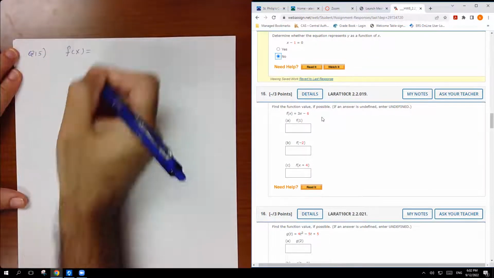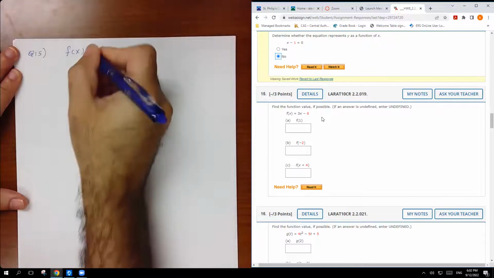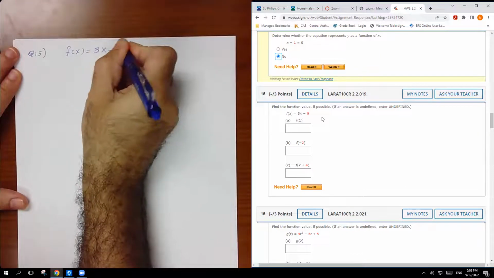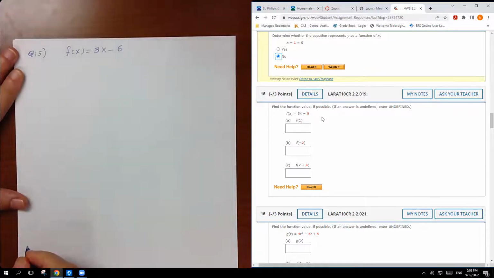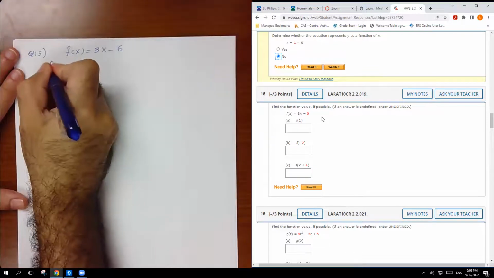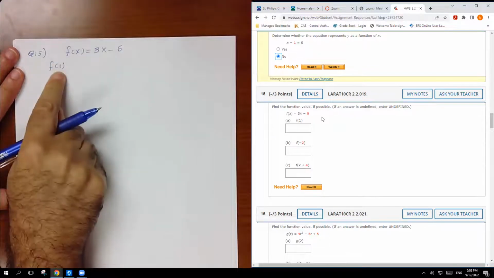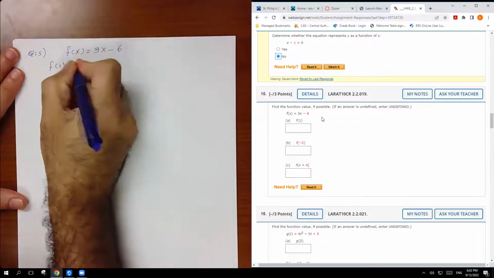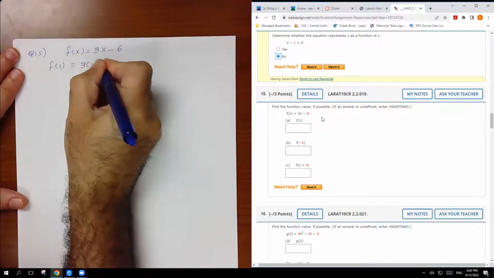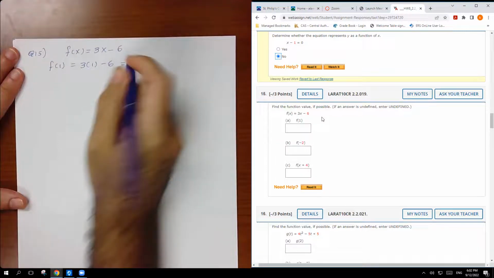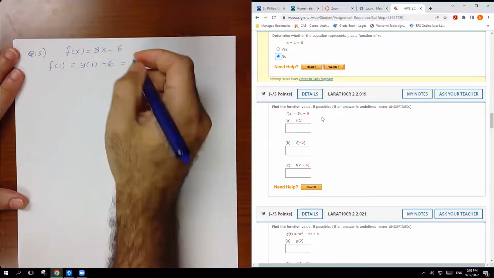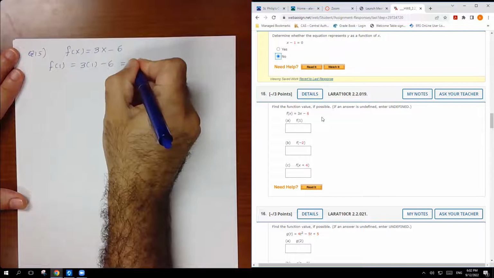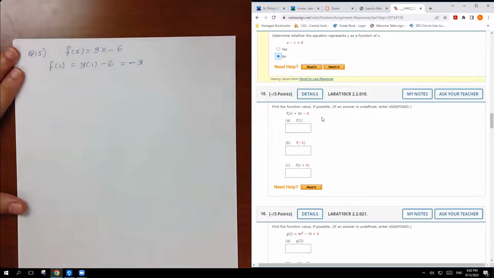We need to find f of 1. That means this is the input, x equal 1. I'm going to plug in here. So it's going to be 3 times 1 minus 6. 3 times 1 is going to be 3, minus 6 is going to be -3. So the first result is going to be -3.